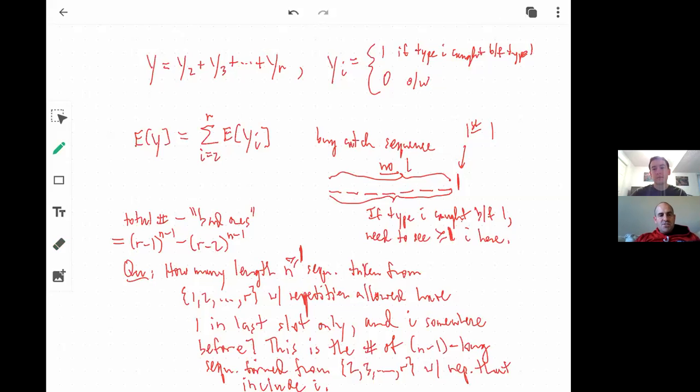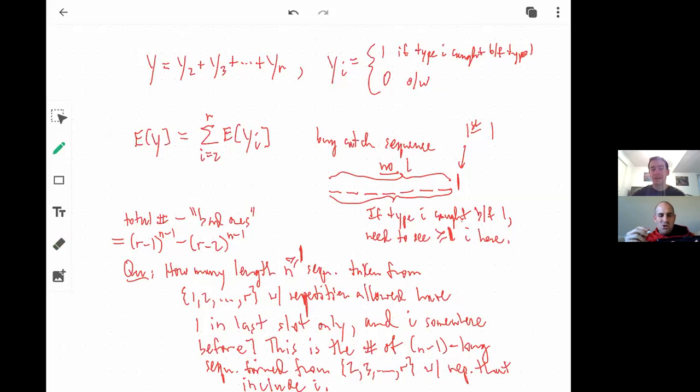But the problem is, it's not enough to just count the total number of these things, because I also need to know which bugs I caught, because the probabilities of catching those bugs are different for each one of these. Does that make sense? Yeah.